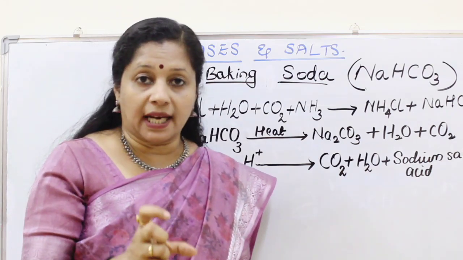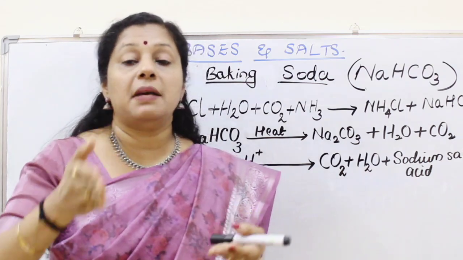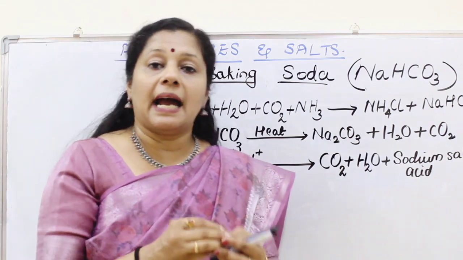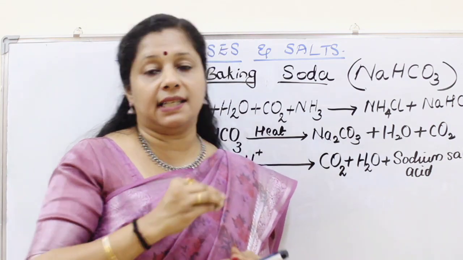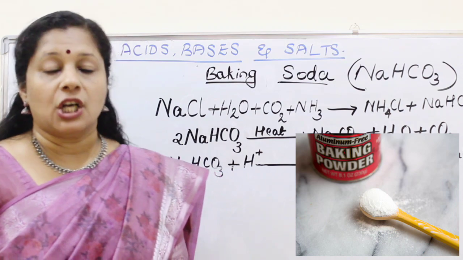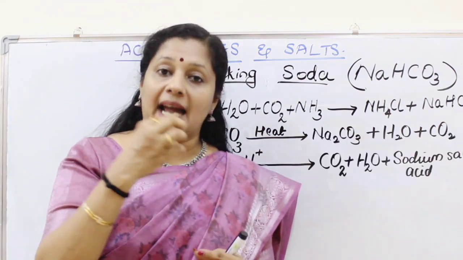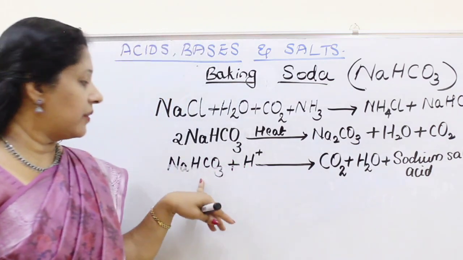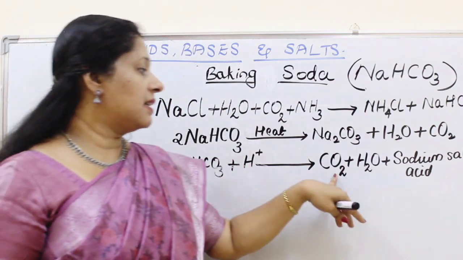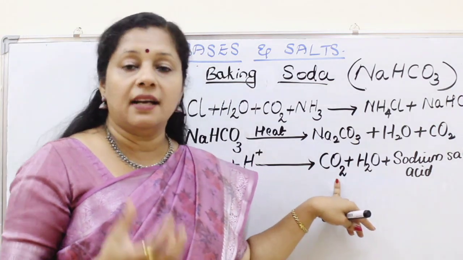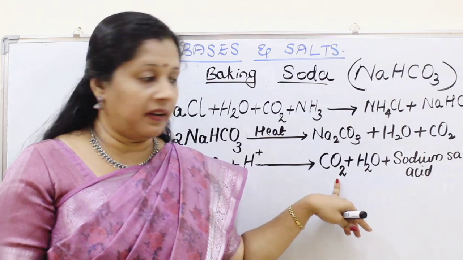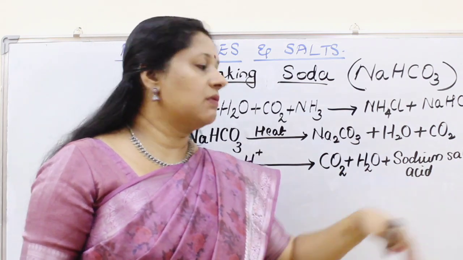So to avoid that, we convert it into baking powder. How? By adding a mild edible acid like tartaric acid to it. So when this is mixed together, the H plus ions from the acid will replace the lost hydrogen. As a result, we get carbon dioxide, which will make the cake fluffy, and water and sodium salt of the acid.